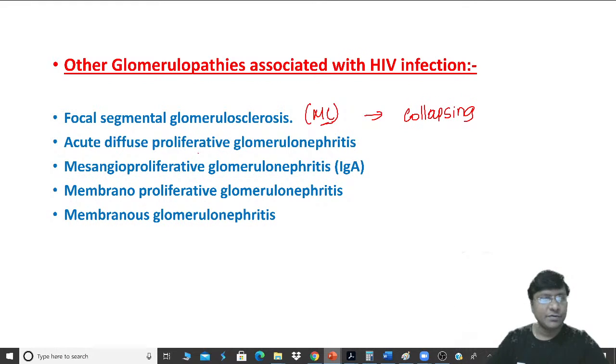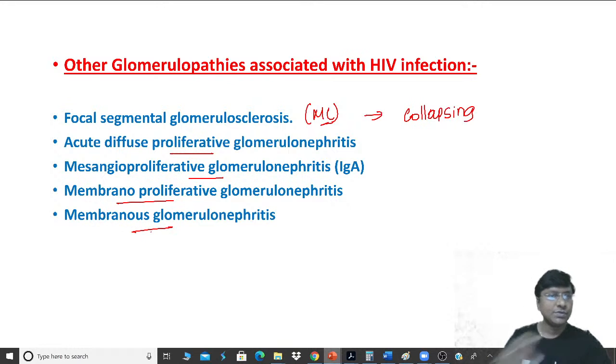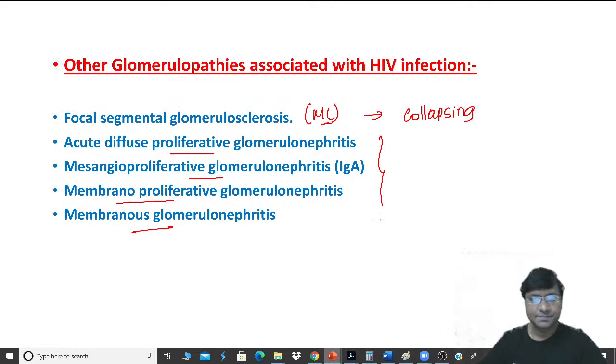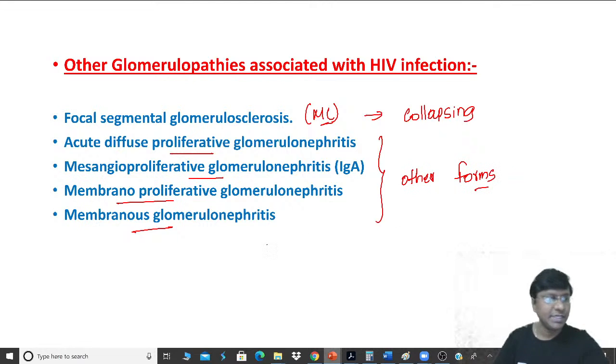The other forms are acute diffuse proliferative glomerulonephritis, mesangial-proliferative glomerulonephritis, membranoproliferative glomerulonephritis and membranous glomerulonephritis. So these are the other forms of glomerulopathies in HIV.